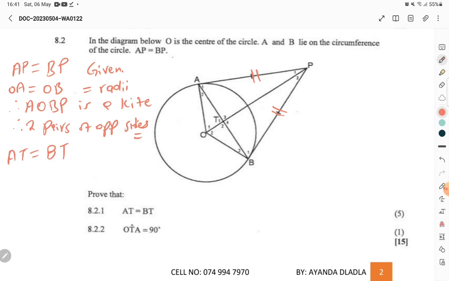The reason for that is the properties of a kite, right? So we can just say the shortest diagonal of a kite is bisected by the longest diagonal. So we managed to prove that this is actually equal to each other.